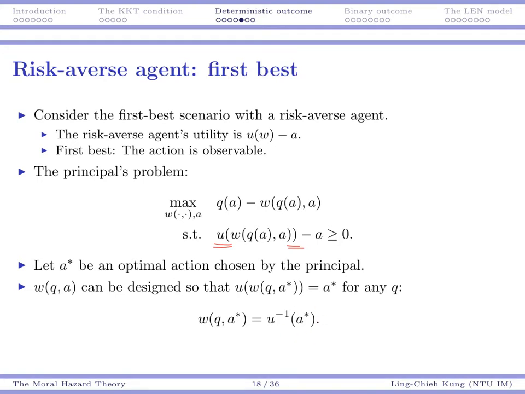If you plug that into the utility function, you will get U of U inverse A star, which is A star. You can do this because the function is something you can control. So this is first best.